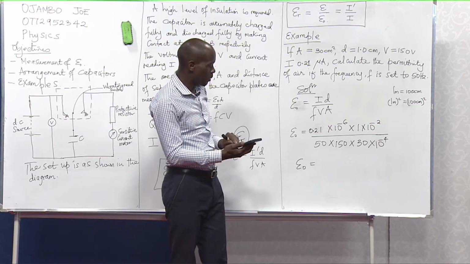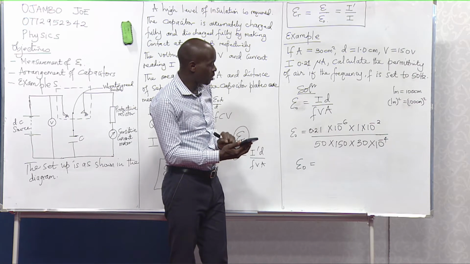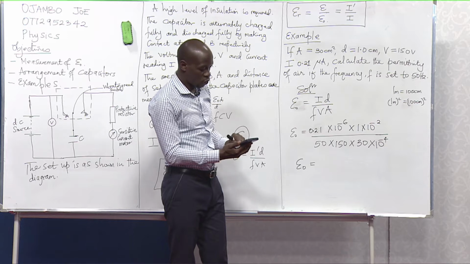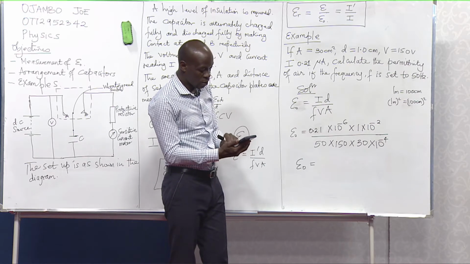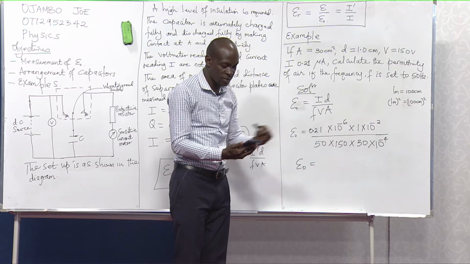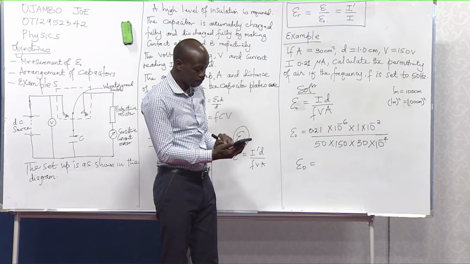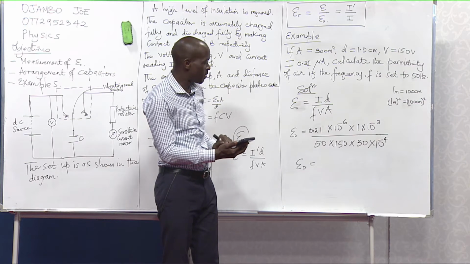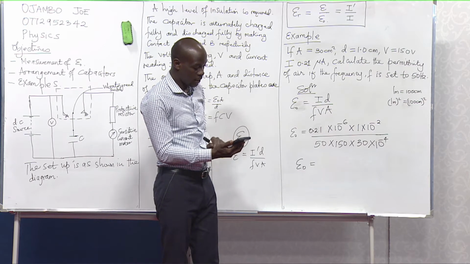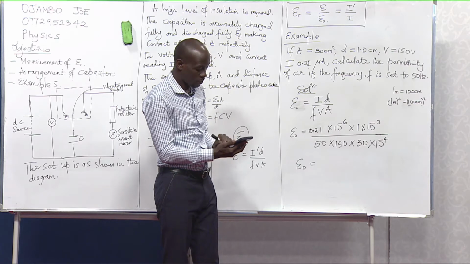So we can compute again 0.21 exponent negative 6 times 1 exponent negative 2. That has given us, the numerator becomes 2.1 exponent negative 9. But we can further divide by 50, then divide that by 150, then divide that by 30 exponent negative 4.